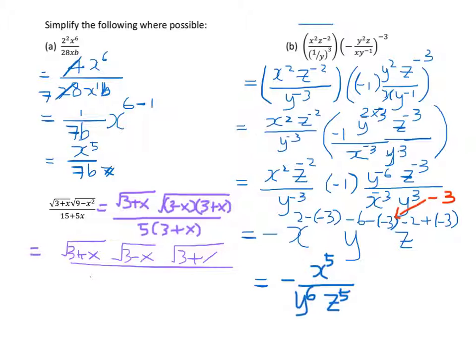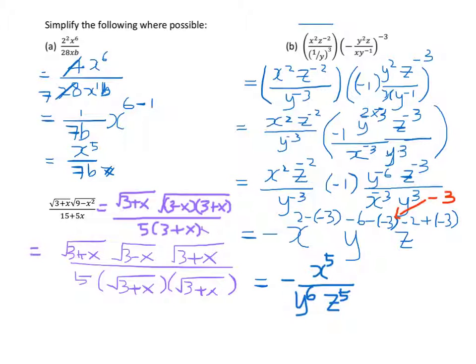And of course 3 plus x in this denominator is actually the square root of 3 plus x squared. You can think of it that way, that 3 plus x is actually the product of two of its square roots.